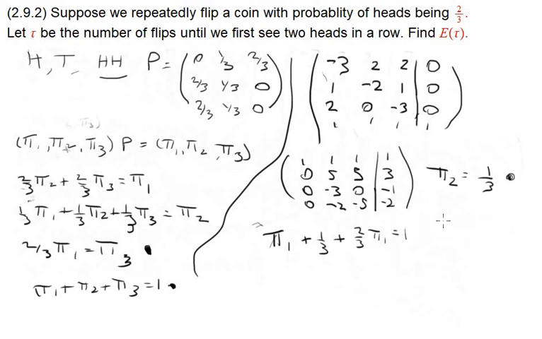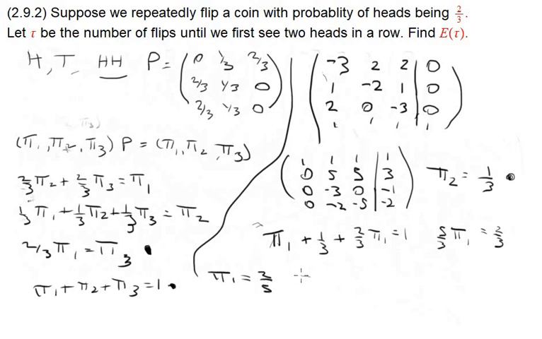So you've got 5/3 pi1 equals 2/3. So pi1 is equal to 2/5.